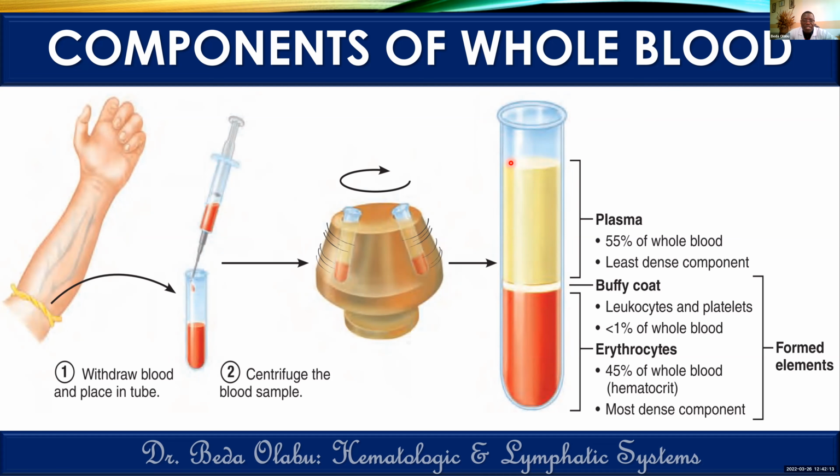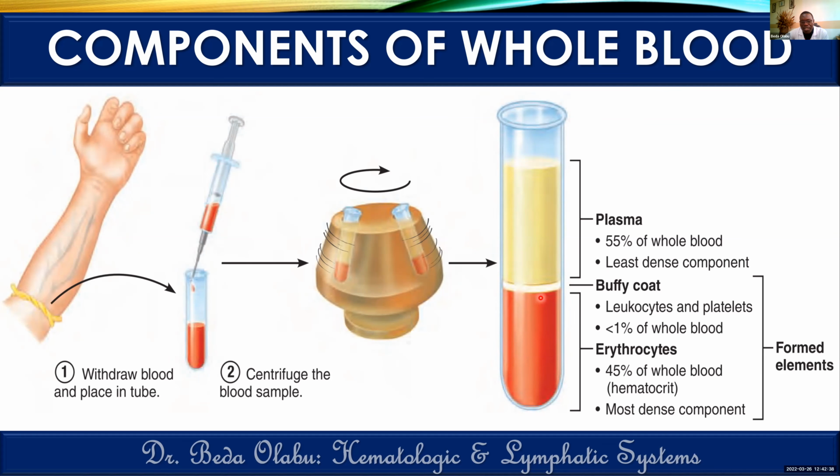After whole blood has been centrifuged, we see three components. The most dependent zone of centrifuged blood, representing regions that contain heavy components, this one here, will be occupied by the red blood cells.